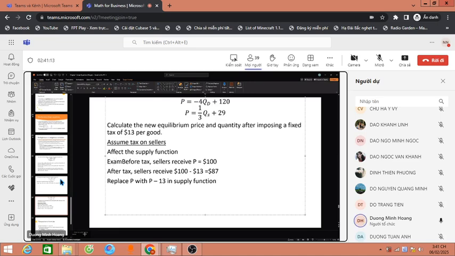For example, if that is the case, this is our new supply function.